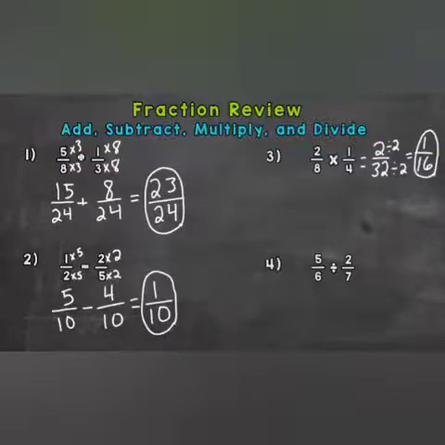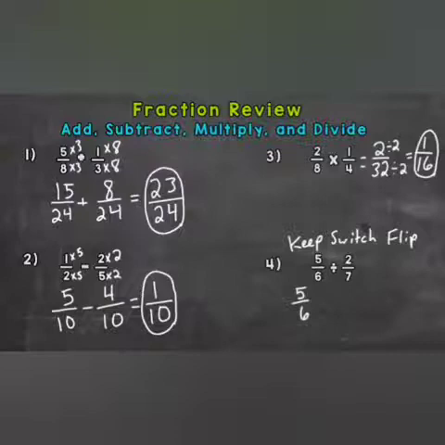Number 4, 5/6 divided by 2/7. Now for dividing fractions, we keep, switch, and flip. So whatever our first fraction is, we always keep it. We switch the division sign to multiplication.